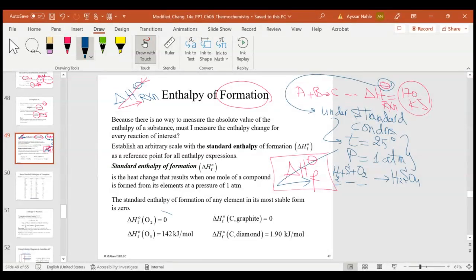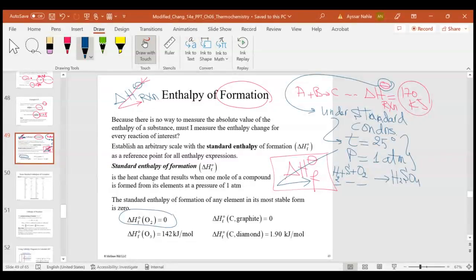Now, delta H not formation of oxygen, how much will it be? 0. Why 0? Because you're not forming oxygen. It's already there. Now, carbon has 2 types: graphite and diamond. How does carbon exist in nature, as diamond or graphite?